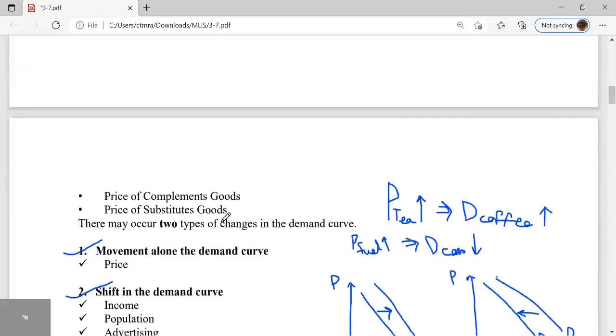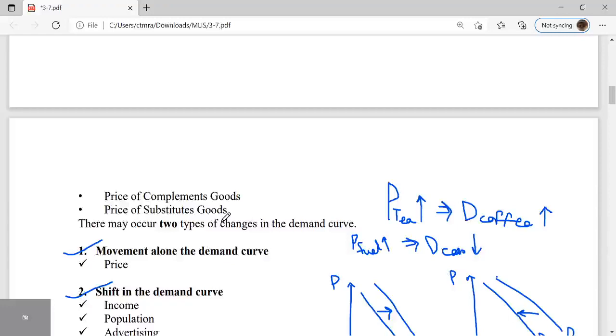Next we have complementary goods. We did the example of tea and fuel and car. Think about some more products, such as washing powder and washing machine. If the price of washing powder falls, then the demand for washing machines will increase, and vice versa. Then let's think about an example of substitute goods, like Pepsi and Coca-Cola.